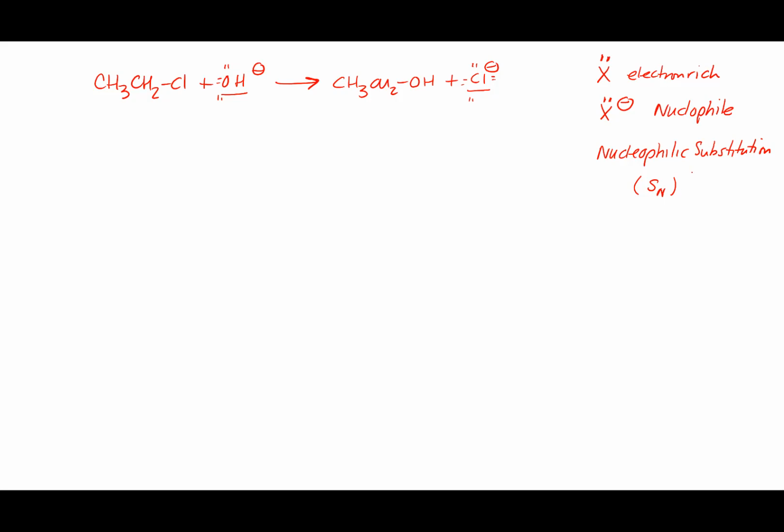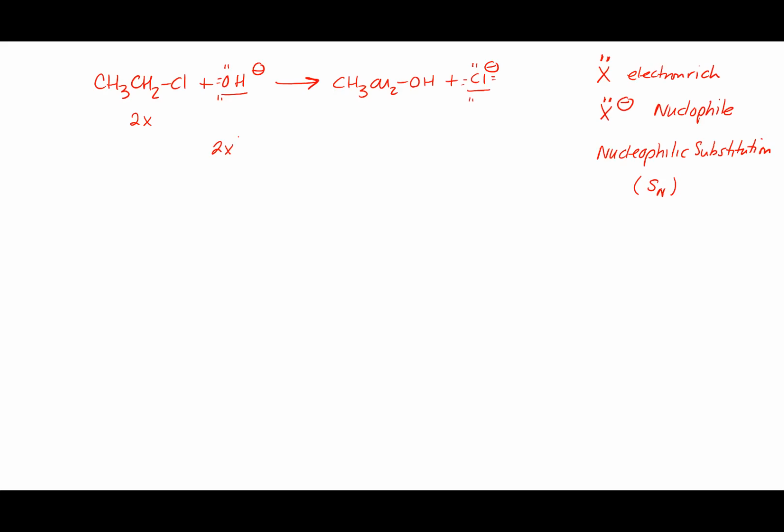And so the first thing we do is we measure the rate equation. We determine the rate equation of this reaction. So when people do that, what happens is they double the concentration of the halide and keep the hydroxide the same. And then they would double the concentration of the hydroxide and keep the halide the same. Sort of like what you did in general chemistry when you had a chart of concentrations and then the rates.